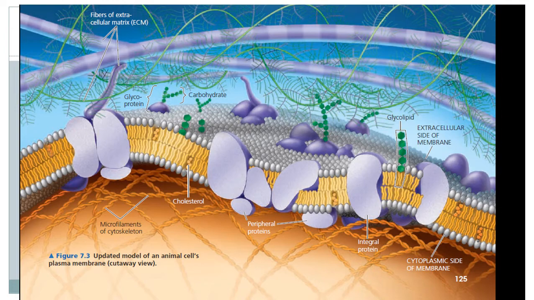I told you lipids and proteins are the stable ingredients of the membranes. Carbohydrates also can be found. The phospholipids are the most abundant and they are amphipathic, meaning they have both hydrophilic and hydrophobic regions.